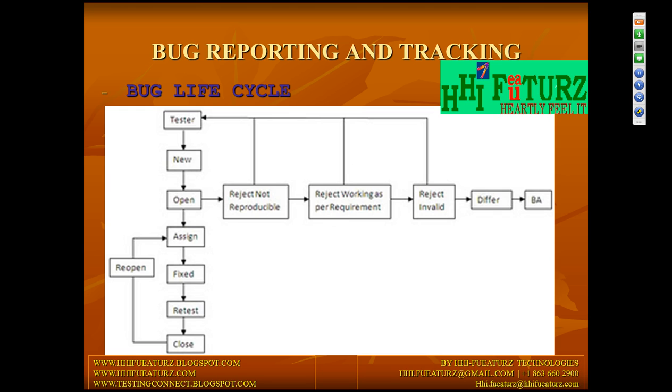But in the latest build, release 1000, the same issue you found in release 500 is reproducing again. Then what do you do? Do you go to the old defect and reopen it, or do you report it as a new defect?